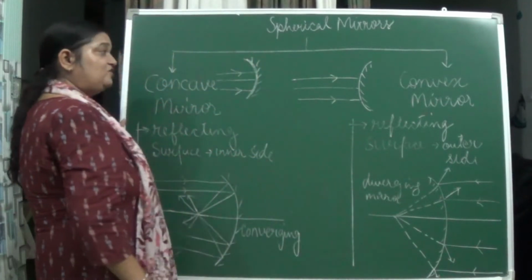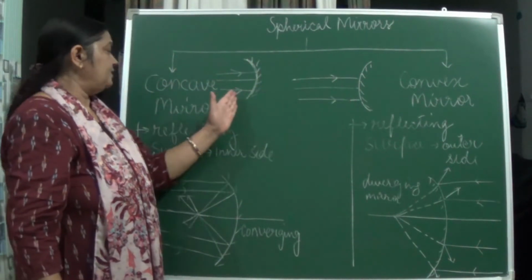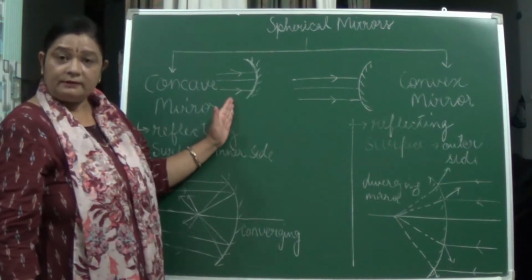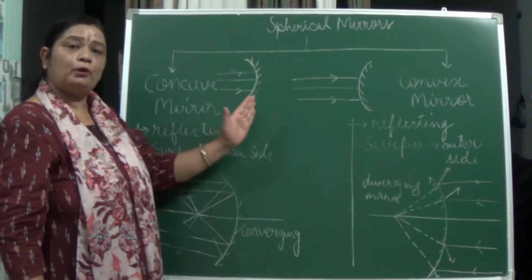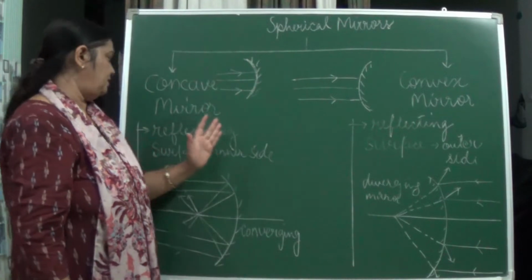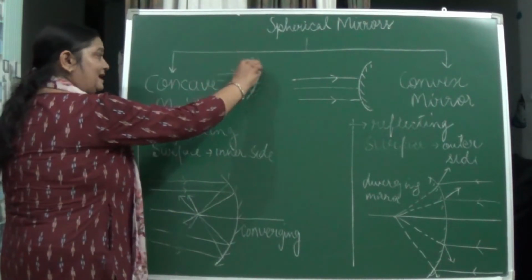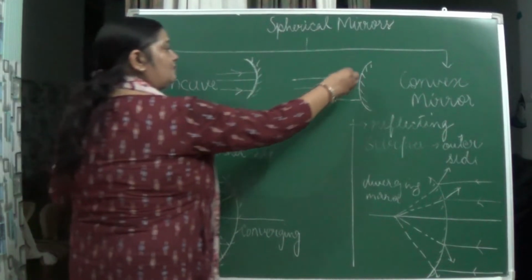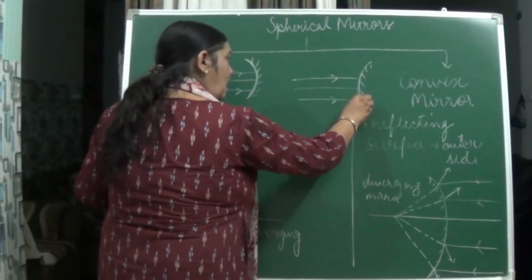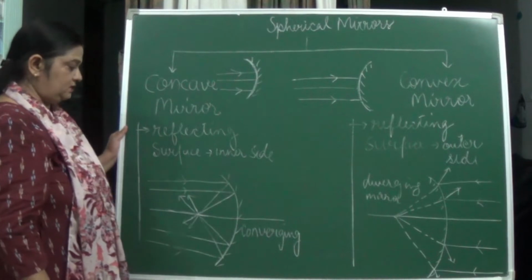Naturally there is a difference in the formation of the image in both the spherical mirrors, concave mirror and convex mirror. Here the reflecting surface is the inner side, and here the reflecting surface is the outer side.